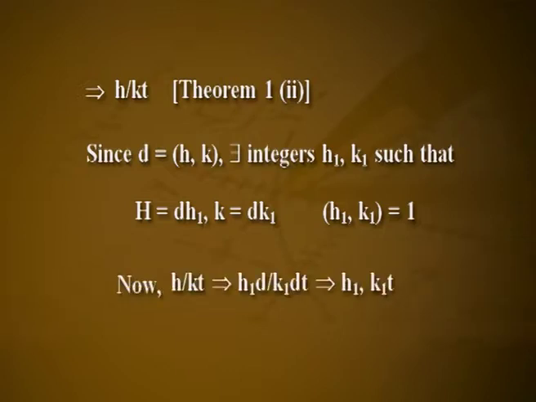Now, h divides kt implies h1d divides k1dt, which implies h1 divides k1t, which implies h1 divides t, since GCD of h1, k1 is equal to 1, which implies h by d divides t.